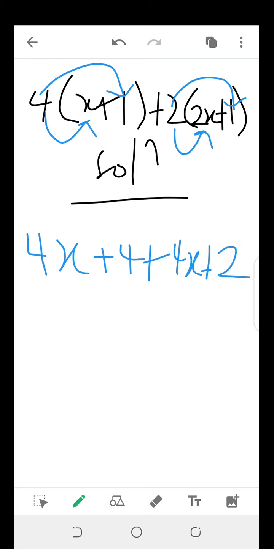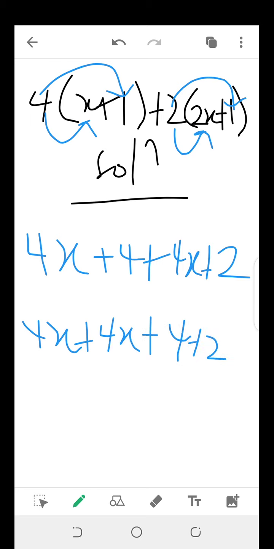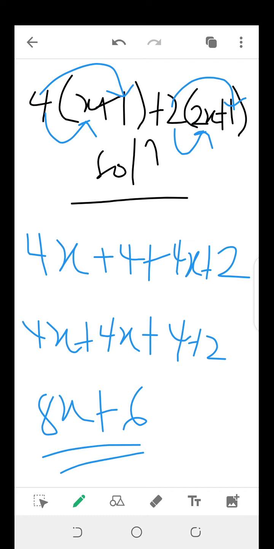So let's simplify this expression, and we have 4x plus 4x plus 4 plus 2. So 4x plus 4x will give us 8x, plus 2 plus 4 will give us 6, and this is how this solution will be.